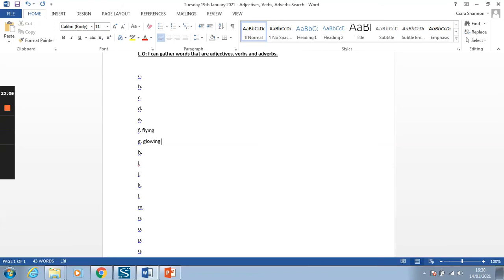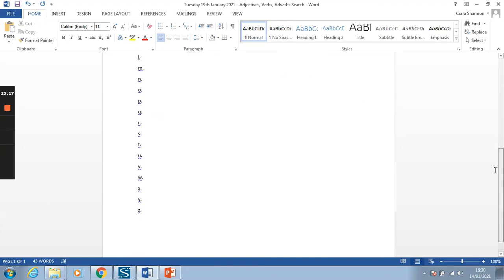I actually saw lots of you writing glowing last week when you were designing your supervillains. Glowing was a great word. So there's an adjective that I've added, and an adverb that I'm going to add is I'm going to Q and I'm going to say quickly. Because you might be flying quickly through the air, or you could be running quickly. Oh, running. So let's find R.